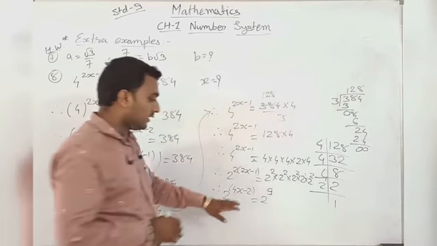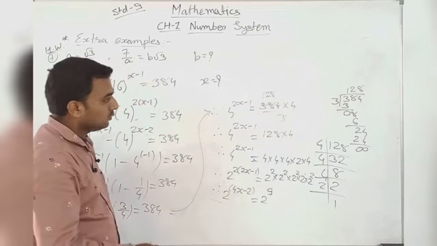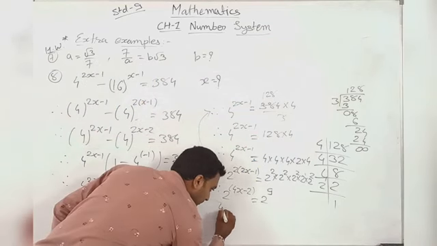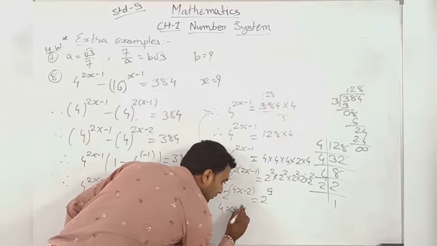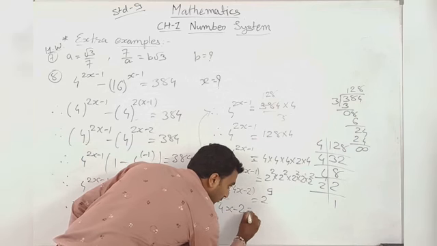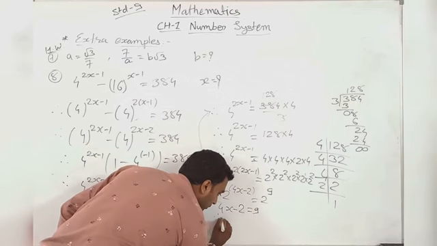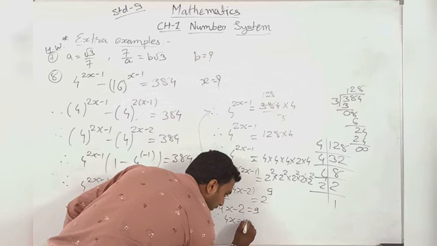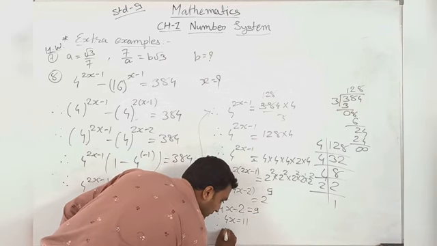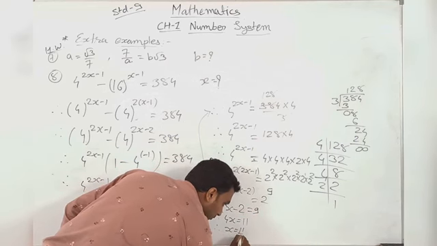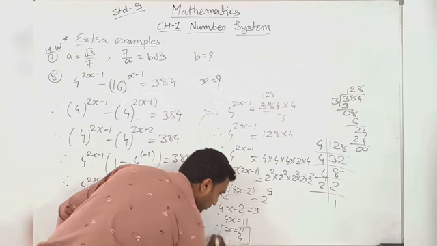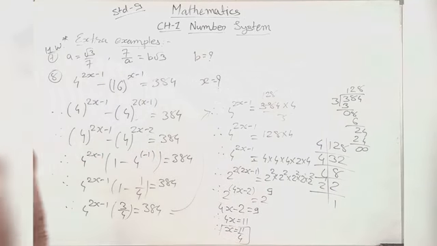So now we know that 4x minus 2 is equal to 9. So 4x is equal to 9 plus 2, that is 11. So x is equal to 11 upon 4. This is your answer. Clear?